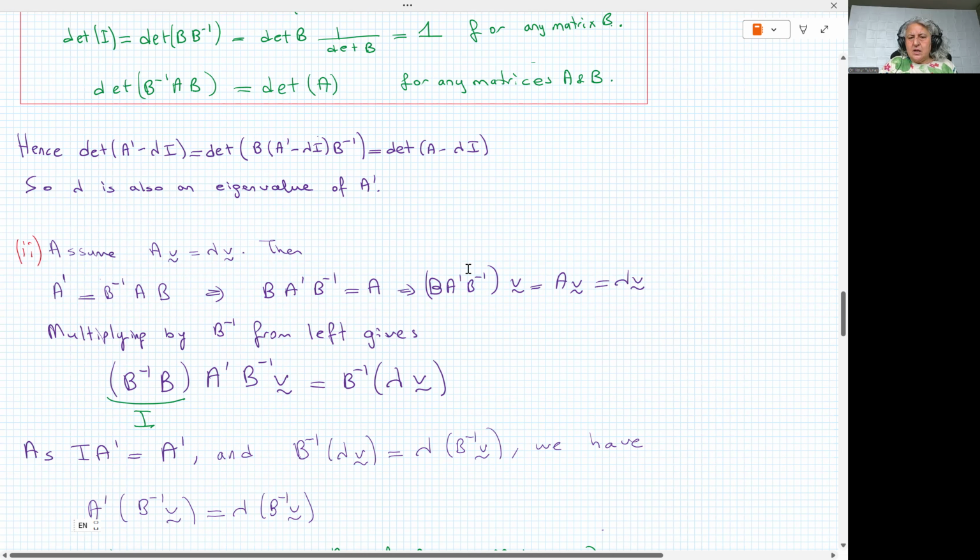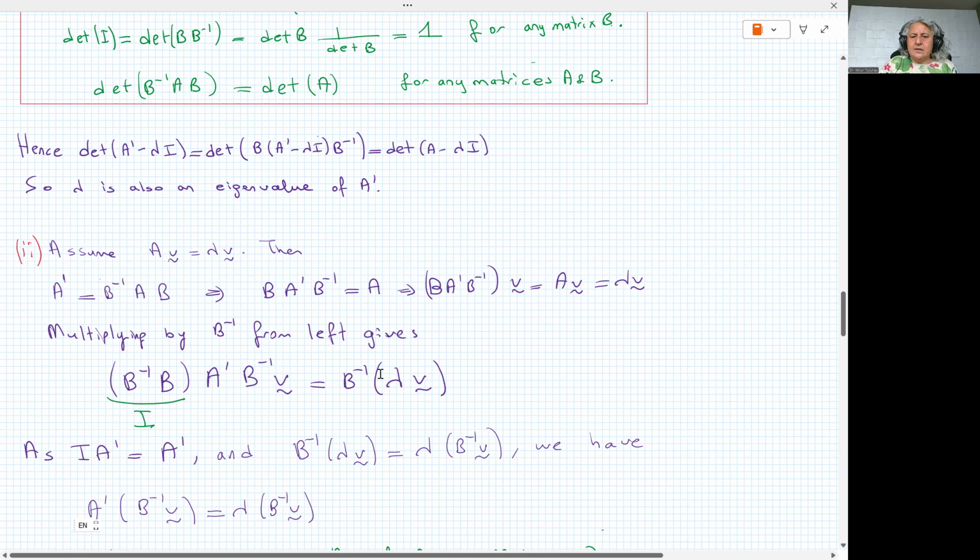Now, I would like to think of this bracket, open up the bracket, and think of B inverse V and A prime. So I have a B here, and I'm going to multiply the whole equation with B inverse. If I do that, I will have B inverse B, which is the identity element. So identity with any matrix will be that matrix. So this will be A prime.